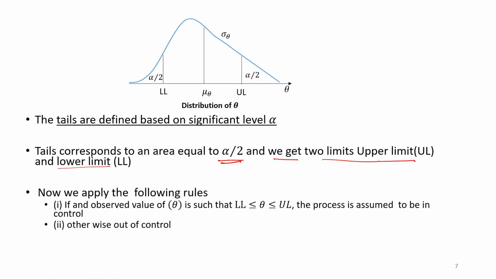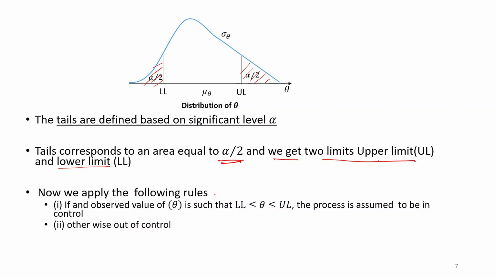Each tail corresponds to an area equal to alpha by 2, where alpha is the significance level. And therefore we go to the right hand side and left hand side, and this area is alpha by 2, this area is alpha by 2. So they are equal on both sides.